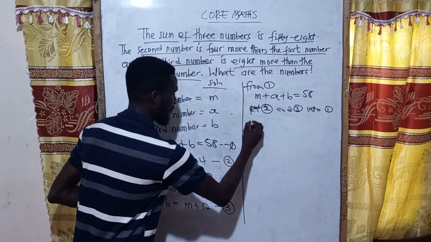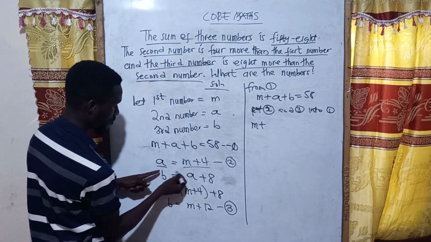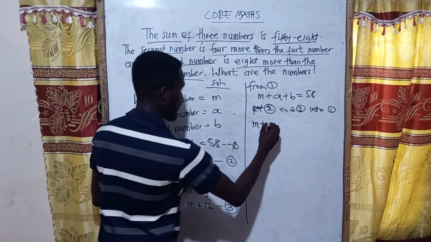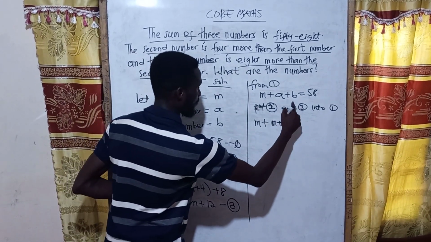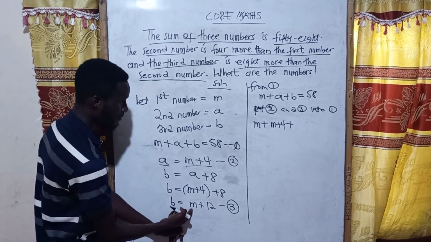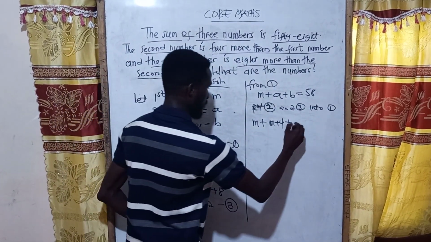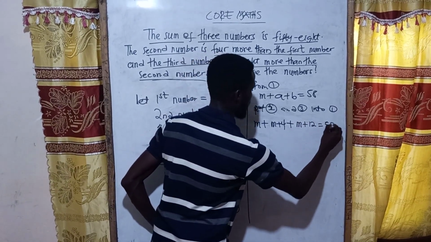From equation 1, we have M plus A. What is A? A is equation 2, which is M plus 4. So A is M plus 4, plus B. What is B? B is equation 3, which is M plus 12. So we have M plus M plus 4 plus M plus 12 equal to 58.